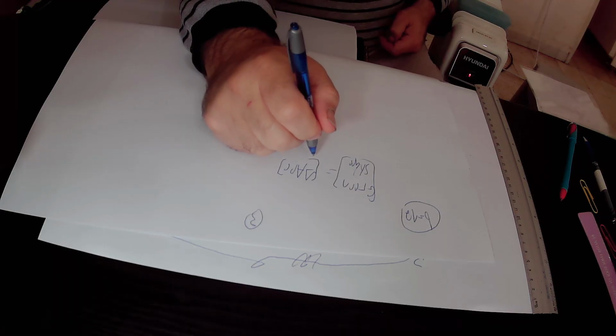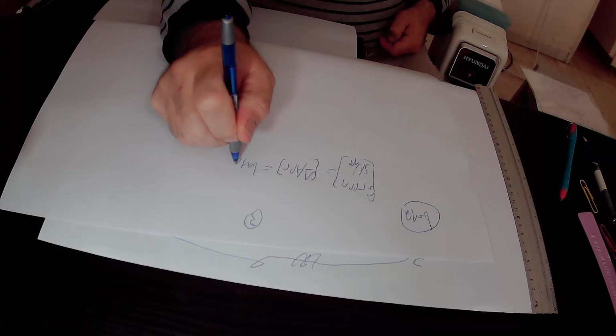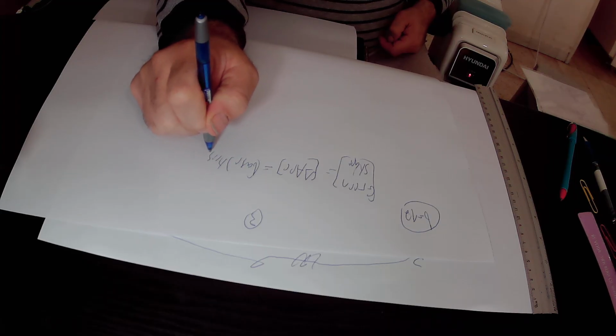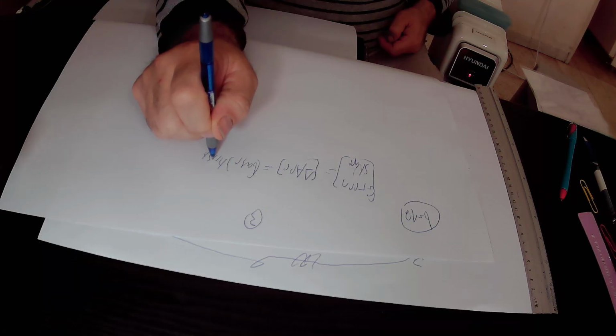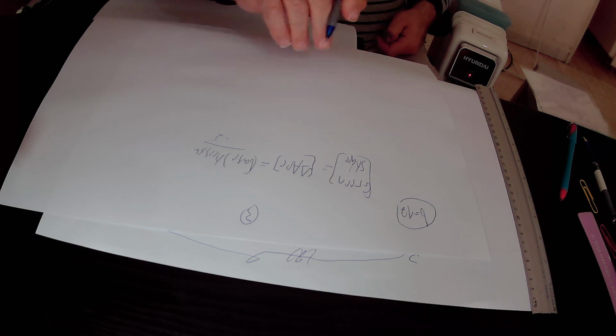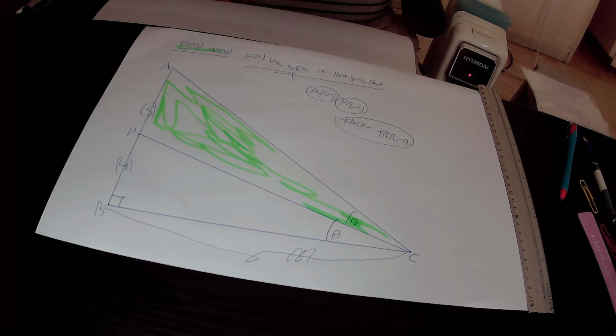Actually, we know that the area of any triangle equals the base of the triangle times the height to the base over 2. So we choose the base of this green triangle APC as AP.